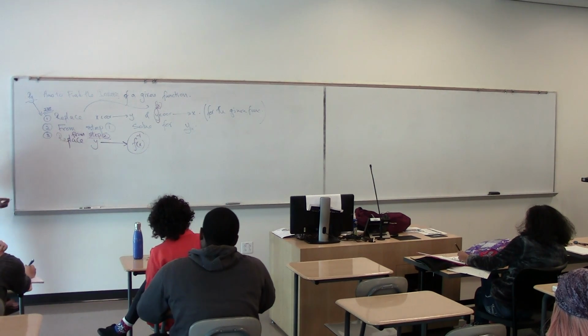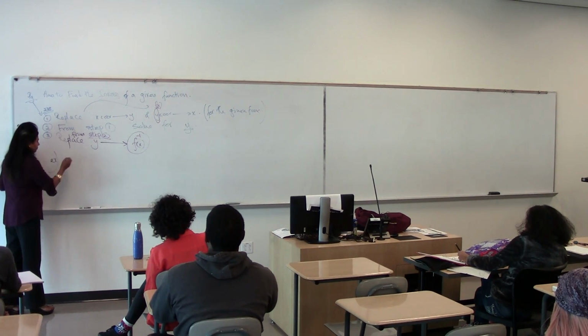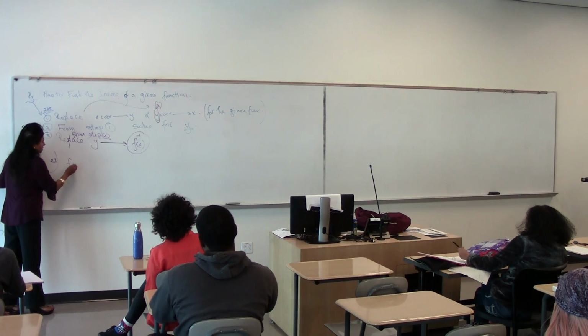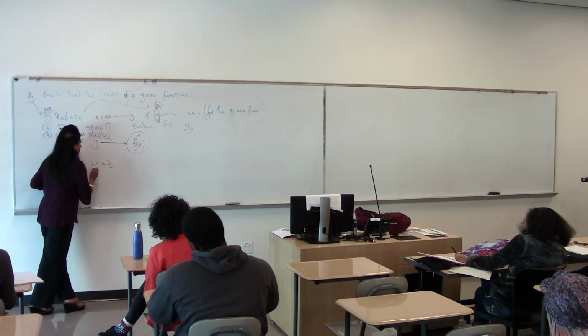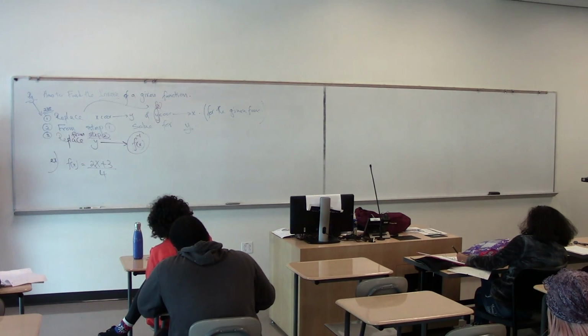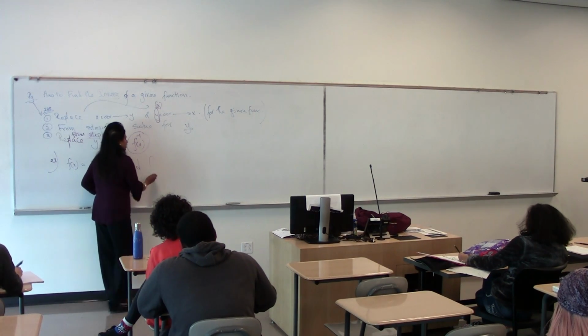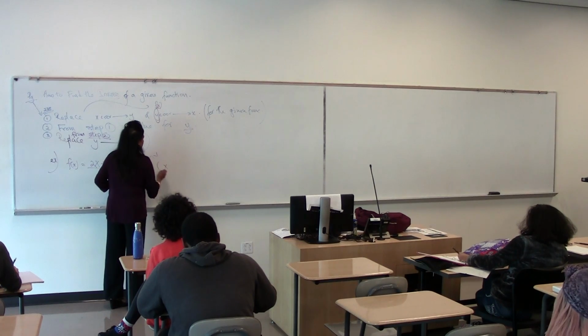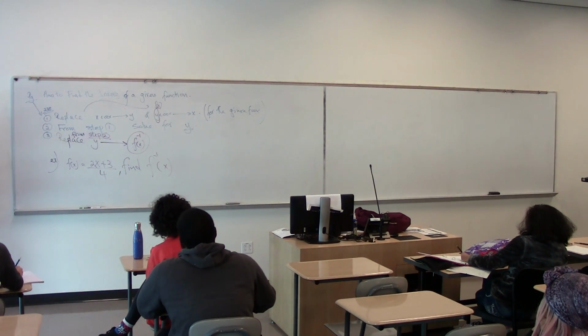Okay? So remember, we'll do another example. f of x is equal to (2x plus 3) over 4. Find f inverse of x. We did an example similar to this.